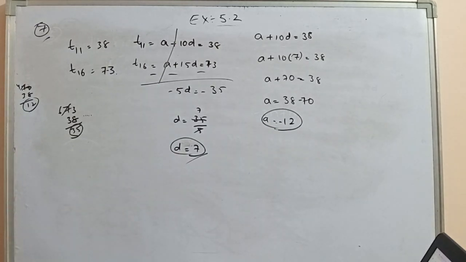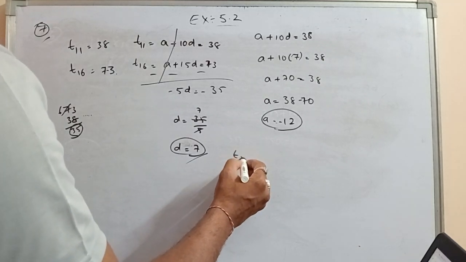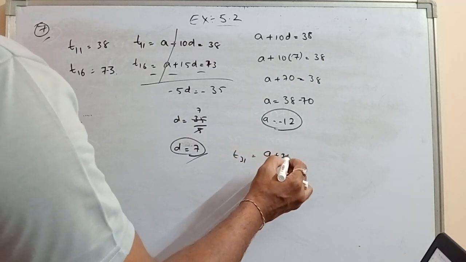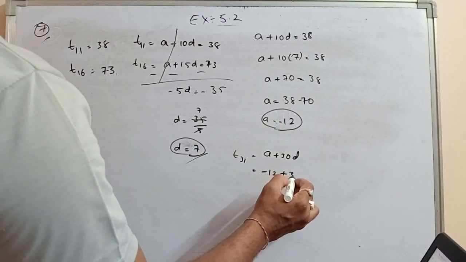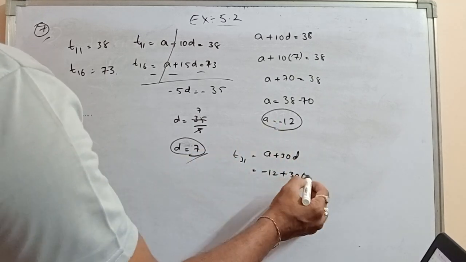D will be 7. What we have to find is the 31st term. T31 equals a plus 30d. The value of a is minus 32 plus 30 into the value of d, which is 7.